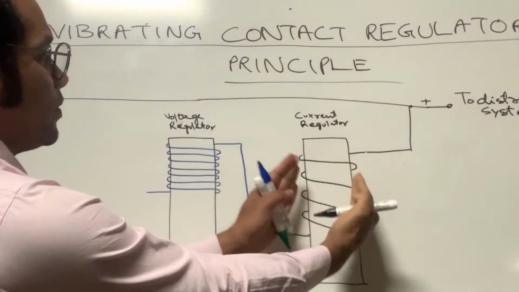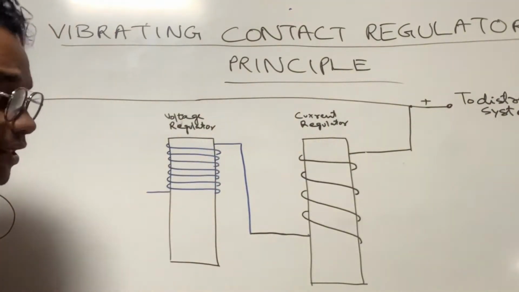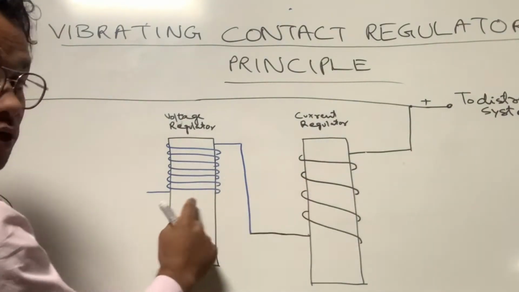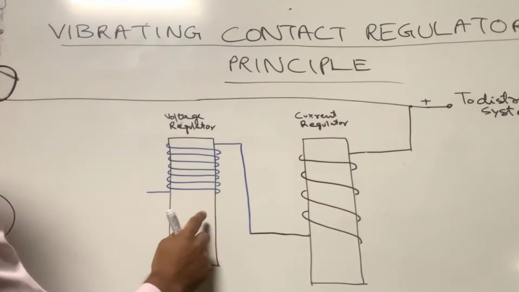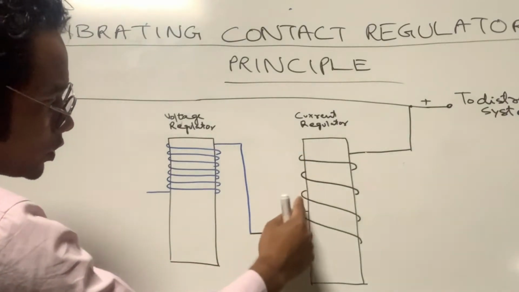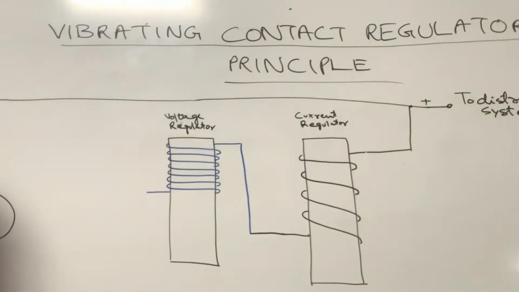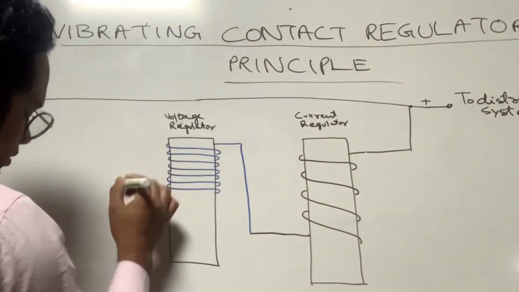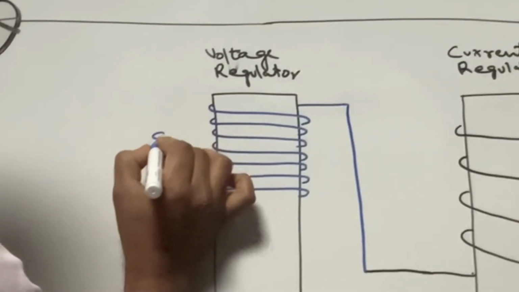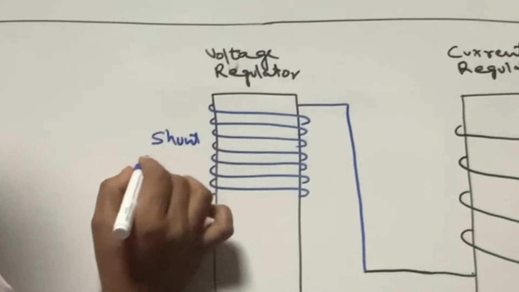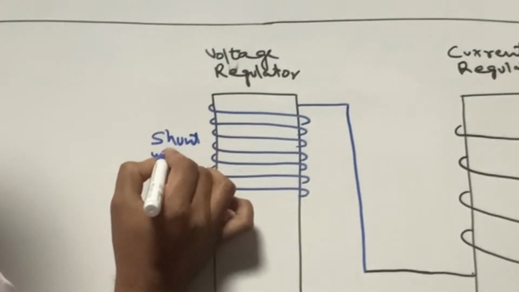So the current regulator and voltage regulator are connected by their coils, and the coils are connected in series. As you can see here, this coil is connected in series with the shunt winding of the voltage regulator. I'll just write here: shunt winding.